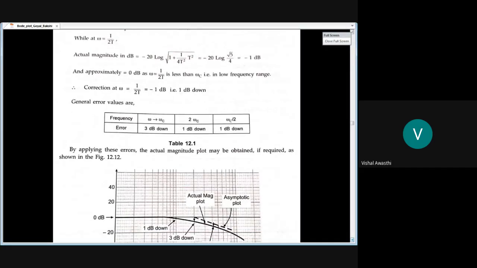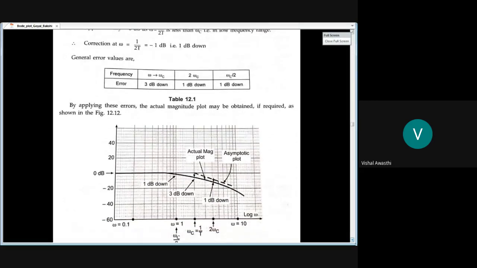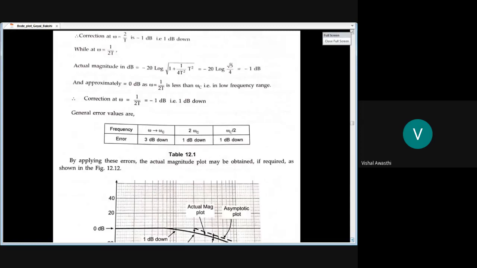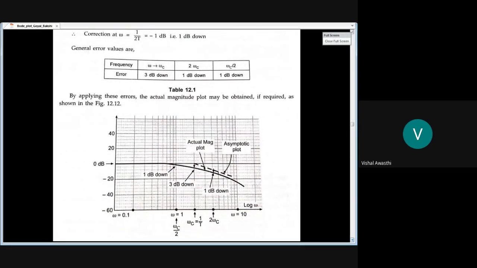On your screen, you can see the actual magnitude is changing. At omega equal to omega c by 2, it is approximately minus 3 dB down, and you can verify this at 1 by t.